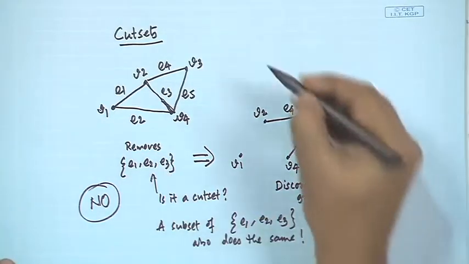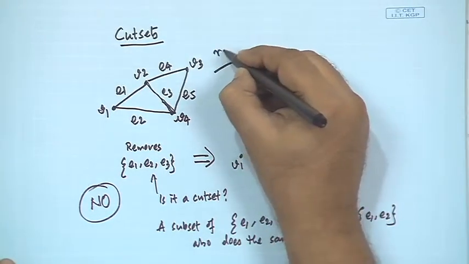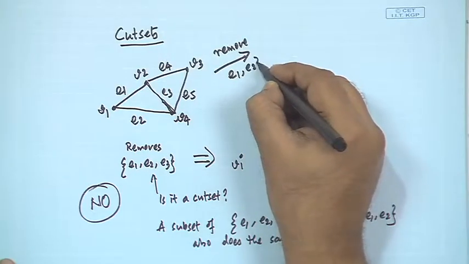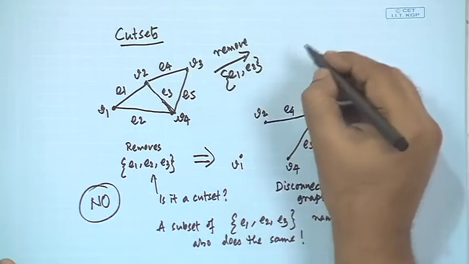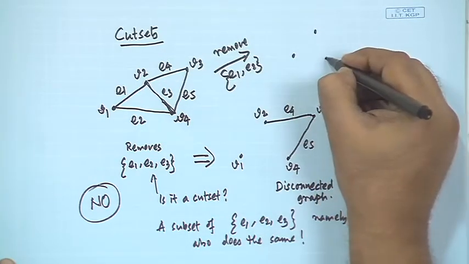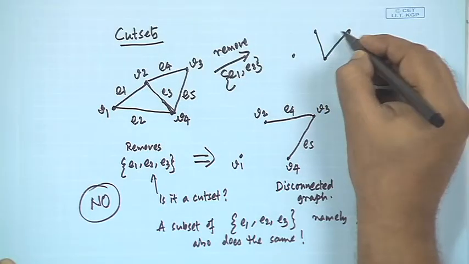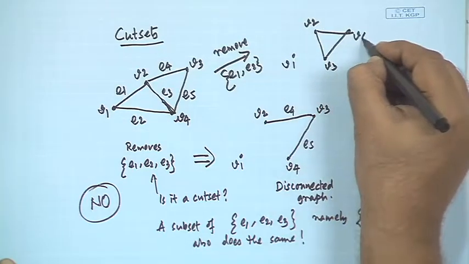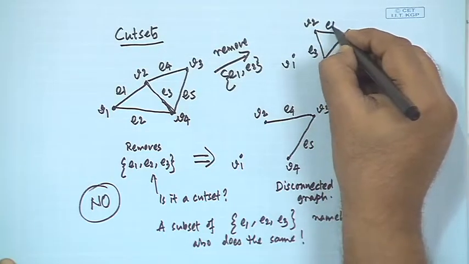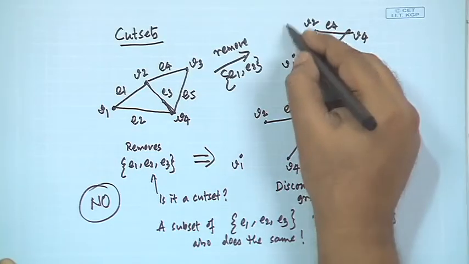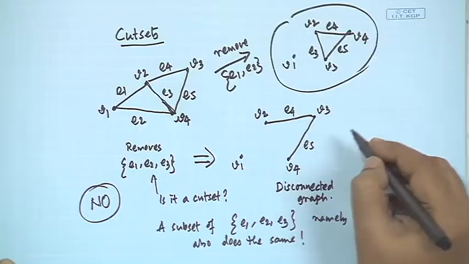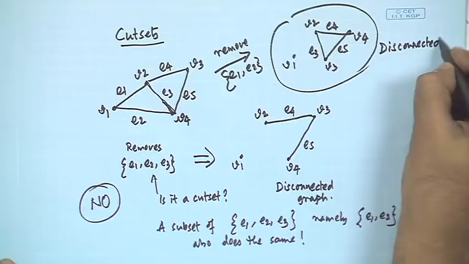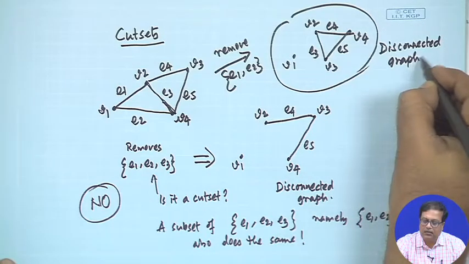If you remove E1, E2, then what will be the resulting graph? The resulting graph will be this: V1 here, V2, V3, V4 here, with E3, E4, E5. Is it a disconnected graph? Yes, it is a disconnected graph.